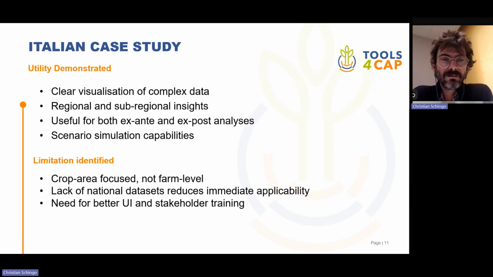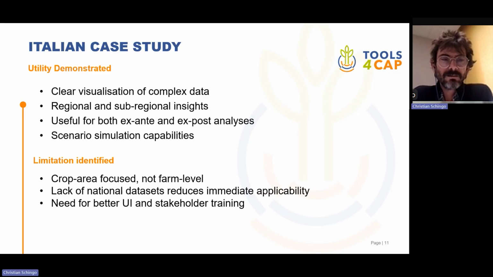The utility of the instrument that we showed during the use case was the clear visualization of complex data, regional and sub-regional insights, and usefulness for both ex-ante and ex-post analysis.